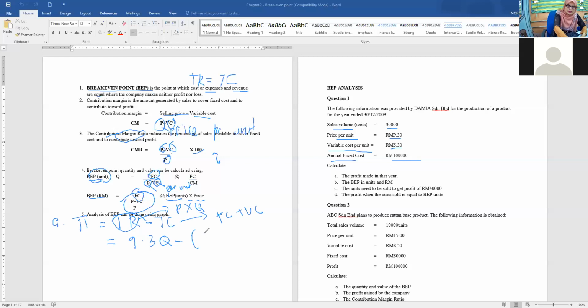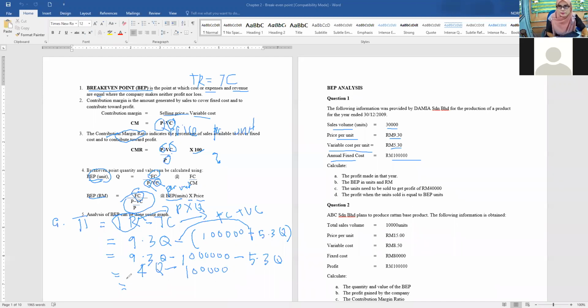Fixed cost 100,000 plus variable cost 5.3 Q. Okay, then 9.3 Q minus 100,000, negative times positive negative 5.3 Q. 9.3 minus 5.3 equal to 4 Q minus 100,000. The question asks you to find out the profit.